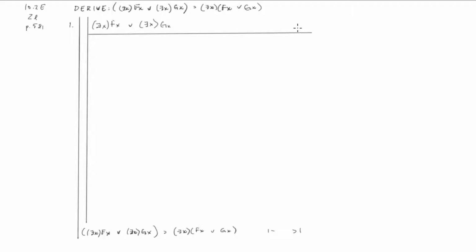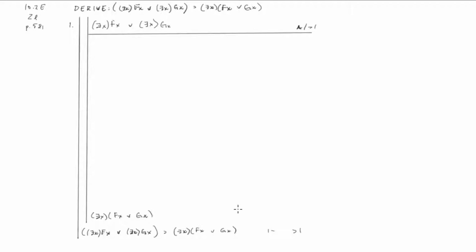That's our assumption for conditional introduction. Conditional introduction also tells us what the last line of the subderivation has to be, and it has to be the consequent of the conditional. There's an x, fx, or gx.